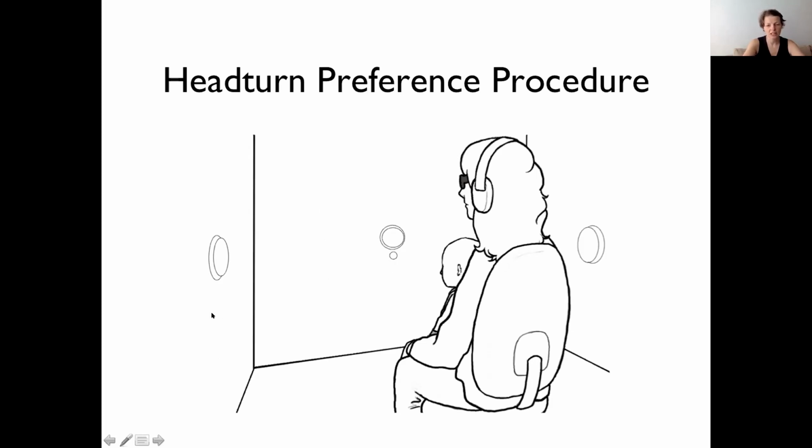So if the loudspeakers on this side present the test item, then this light will blink. And the baby will look at the light, and we measure the time the baby spends looking at the light, and we use this as an index of the baby's interest in the stimuli or attention to the stimuli. And so we measure the looking times for each of the test items and then average them.